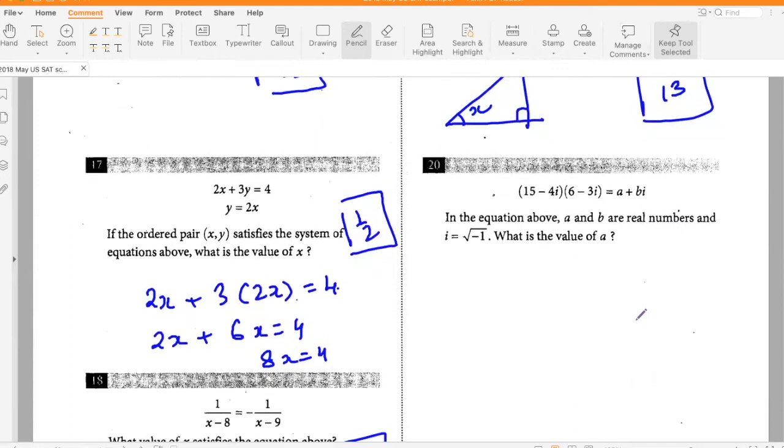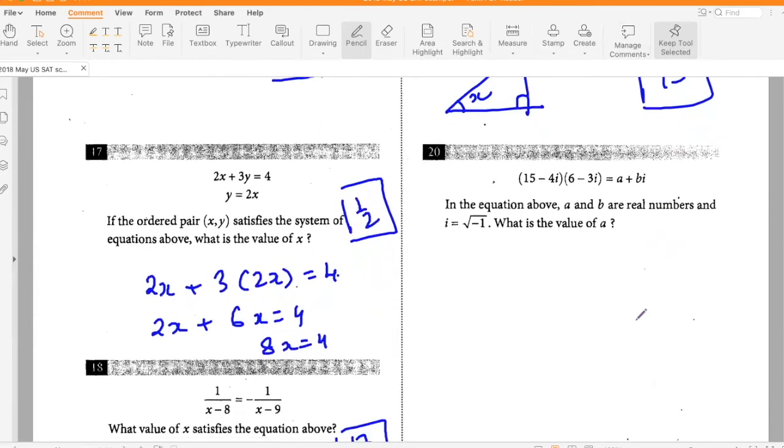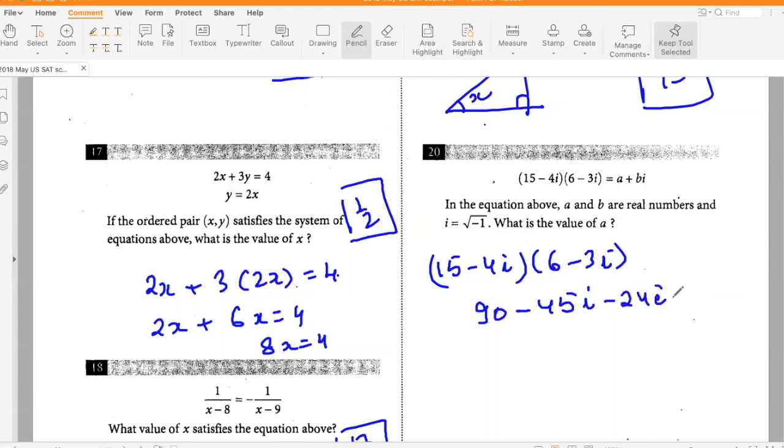In the equation above, a and b are real numbers. What is the value of a? Okay, so (15 minus 4i) times (6 minus 3i) will be 15 into 6, 90, minus 45i minus 24i plus 12i squared.